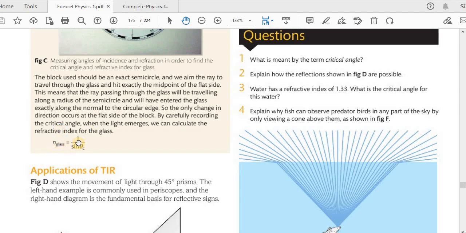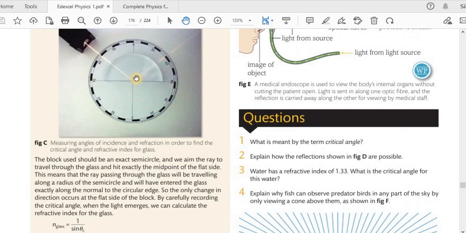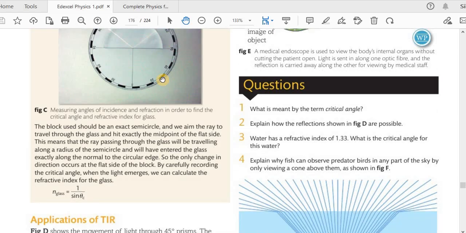The block should be an exact semicircle. So we have a solid semicircular glass block, and we aim the ray to travel through the glass and hit exactly the midpoint on the flat side. So I already showed you that on the flat side we hit the midpoint, the center of the semicircle.